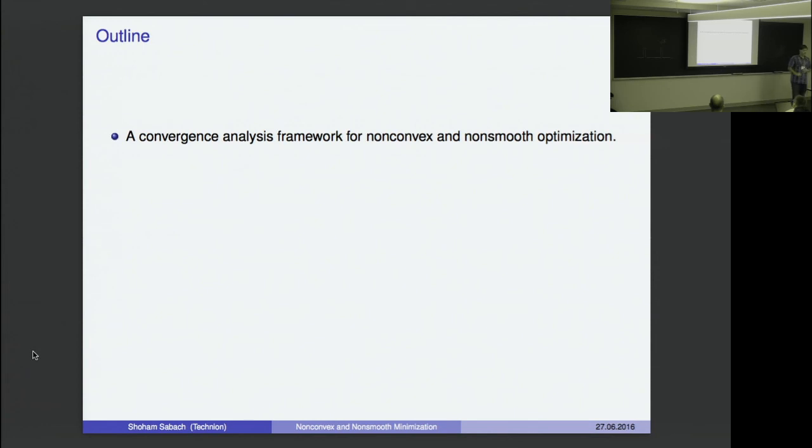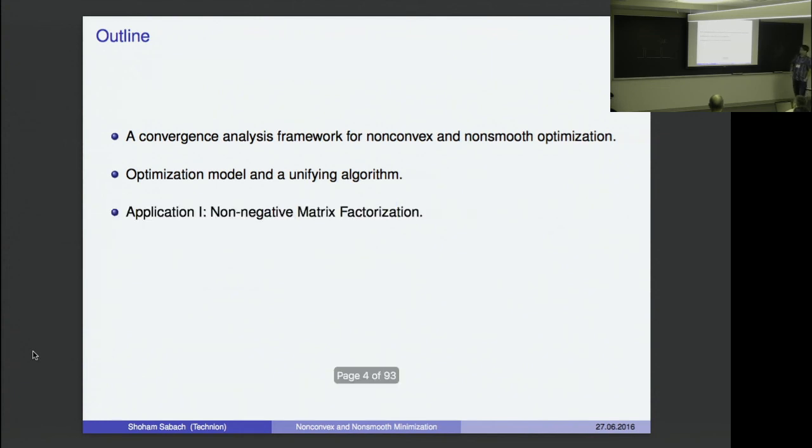You will see it's quite general, but then I will show a certain optimization model and a unifying algorithm to tackle this model. This algorithm will be used in two applications. First, applications in non-negative matrix factorization, and then the well-studied blind image deconvolution.